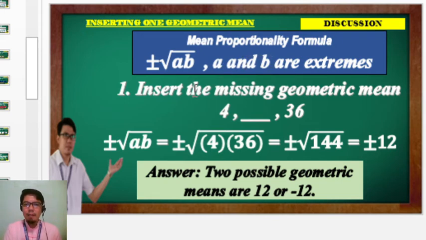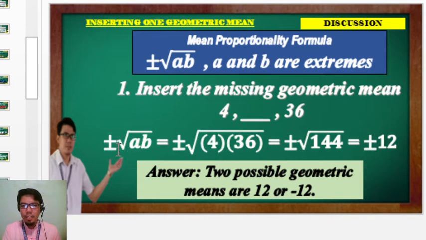Now let's have an example. Insert the missing geometric mean in this sequence: 4, blank, 36. So we're going to get one geometric mean between them. So here A is 4 while B is 36.